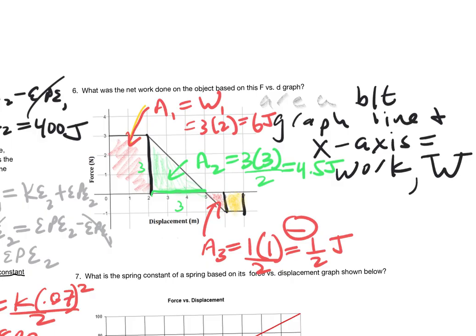Okay, and then finally, this little piece right here, area 4 equals work 4. I should have said this is work 3, and that was work 2. Okay, so that is equal to 1 by 1, right?